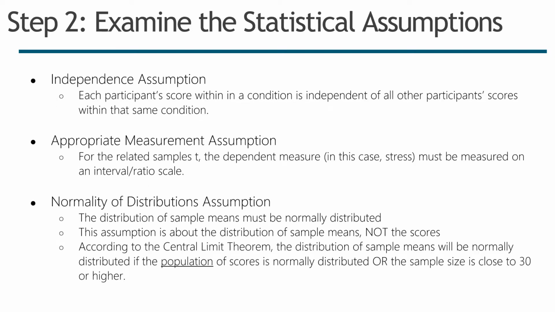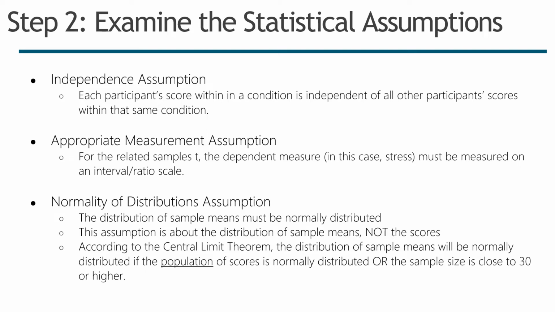The independence assumption is that each participant score within a given condition is independent of all other participant scores within that same condition. So if we're looking at pre-test scores, each person's score needs to be independent of other people's score within that treatment condition. Likewise, when we look at post-test scores, each person's score needs to be independent of every other person's score at the post-test time.